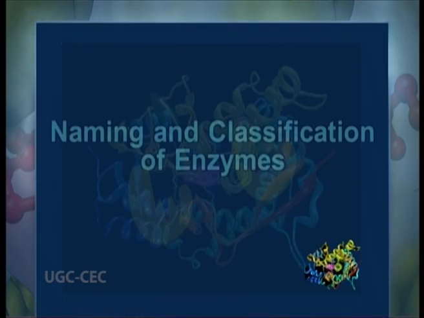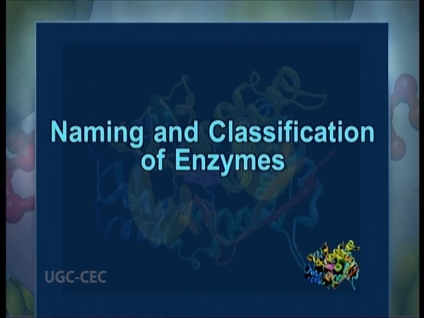Now we will study naming and classification of enzymes. The Enzyme Commission has developed a rule for naming enzymes. According to this rule, each enzyme is classified and named according to the type of chemical reaction it catalyzes.